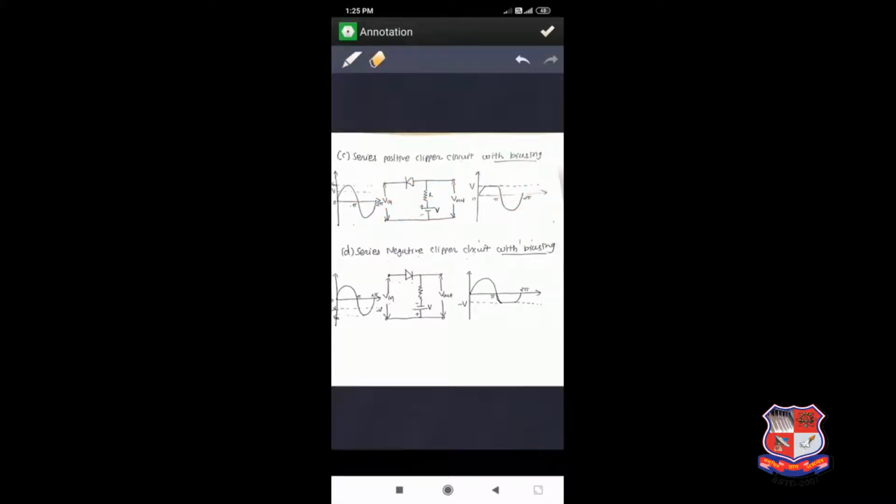Okay, now the fourth case is the series negative clipper circuit with biasing.